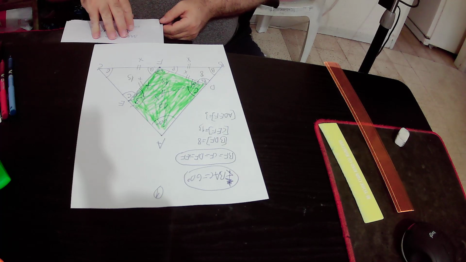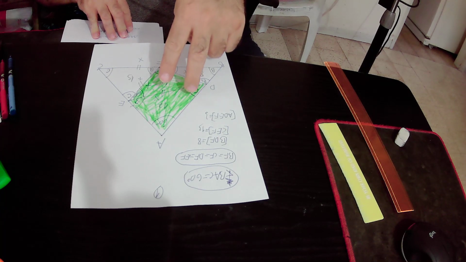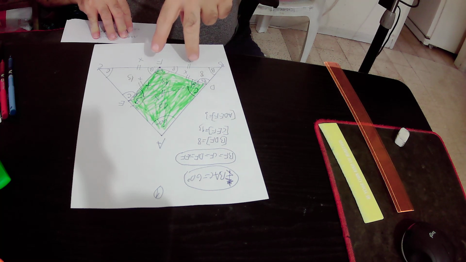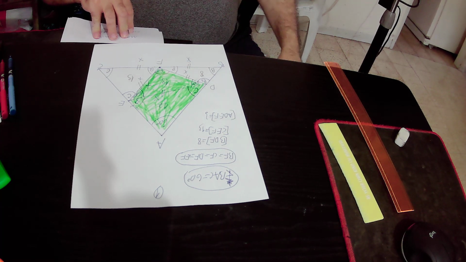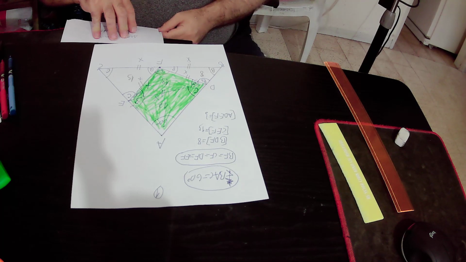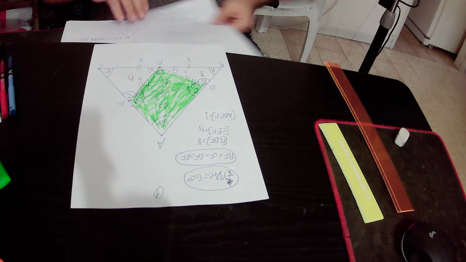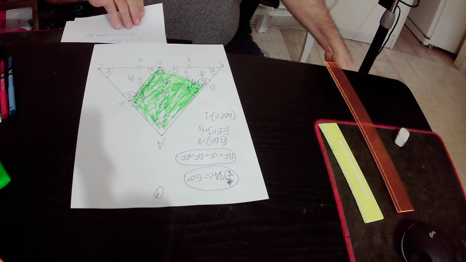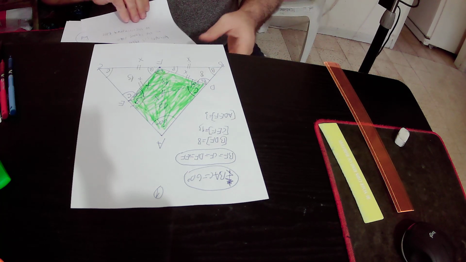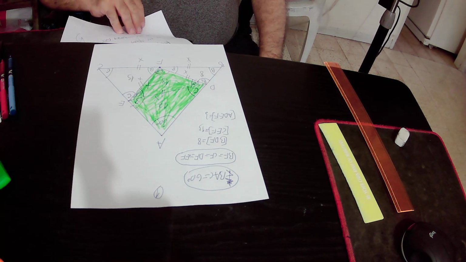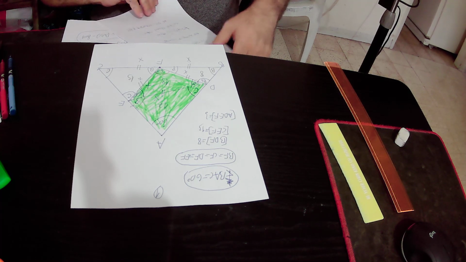So then we proved that triangle ADE is similar to triangle ABC. And we have rule number 4 that states that the ratio between the areas of similar triangles is equal to the square ratio of the corresponding sides.